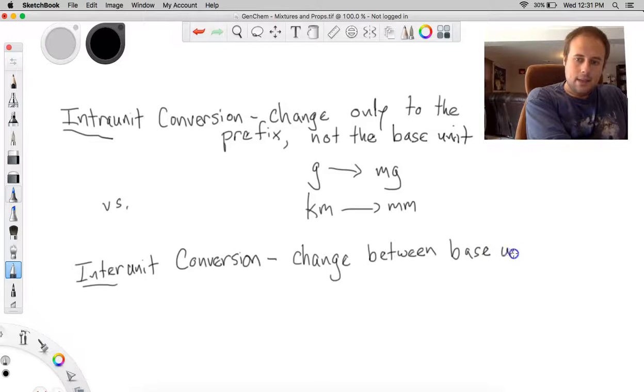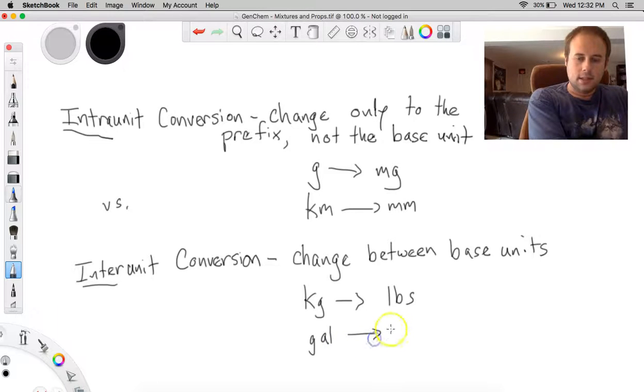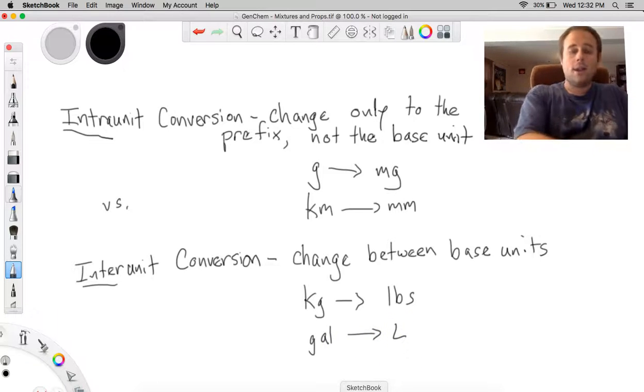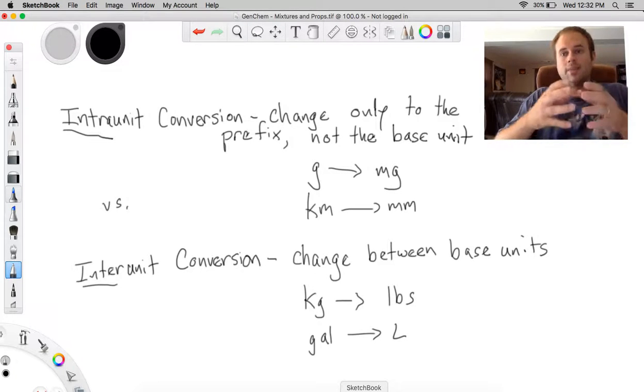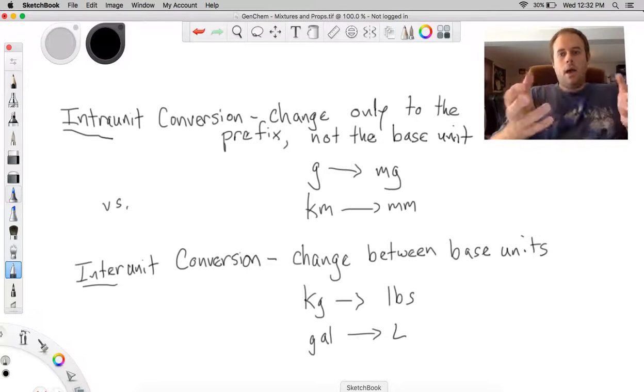And that is something along the lines of, if I have kilograms and I would like to convert that into pounds, or if I have gallons and I would like to convert the gallons into liters. Now I'm talking about a completely different base unit. A gallon and a liter are separate base units from one another. I can convert from one into another.